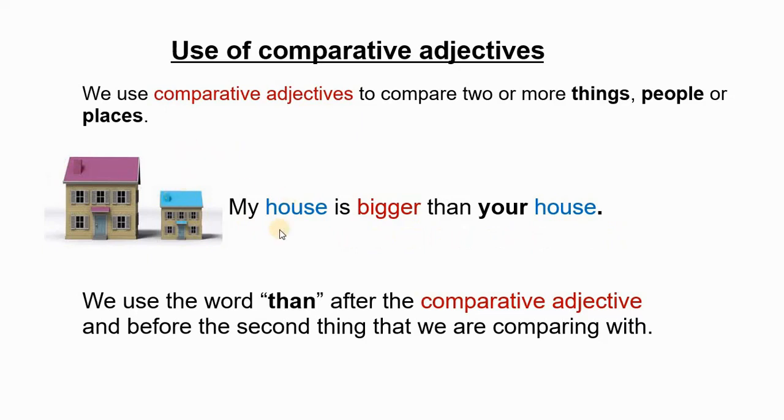So, in blue, we see the two things, my house and yours, that we are comparing. And we are comparing the size, in fact. And we are saying that my house is bigger than your house, or is bigger than yours.